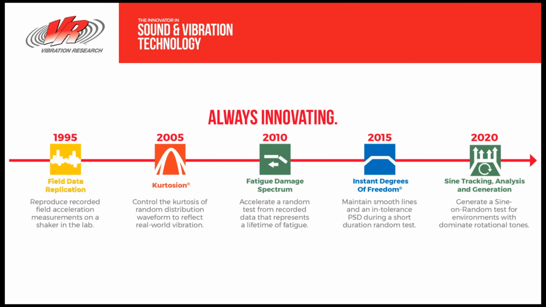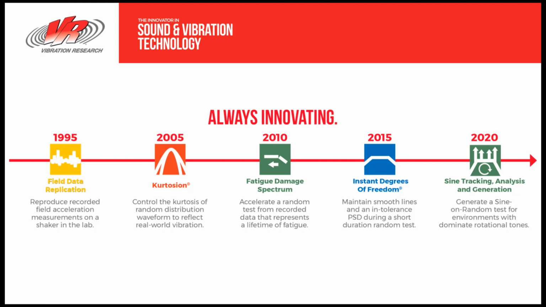So first we look at our history of innovation. We have a history of field data replication in 1995, then Cartesian, fatigue damage spectrum implemented into software, instant degrees of freedom, and sine tracking analysis and generation. All these tools are really about better understanding an environment and better replicating an environment in a test scenario.